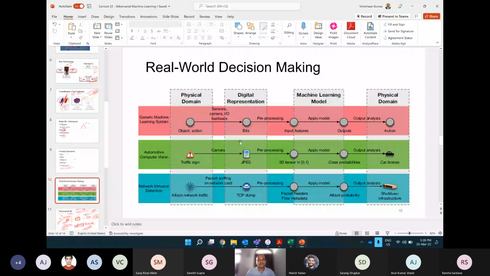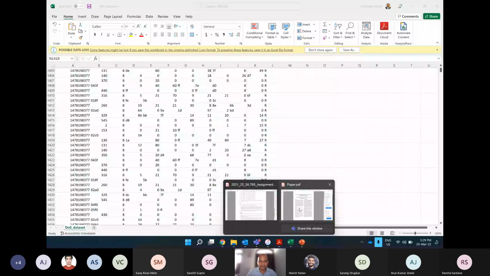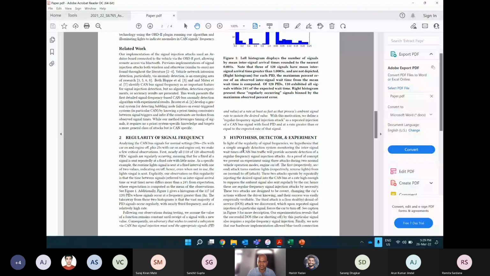Now, as I said, you have to look into this inter-signal arrival time and then extract some features. Reading this paper will probably give you some indication of what I'm asking. If you have never trained a machine learning model, it is going to be difficult.